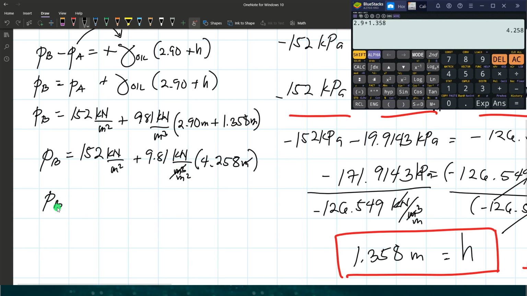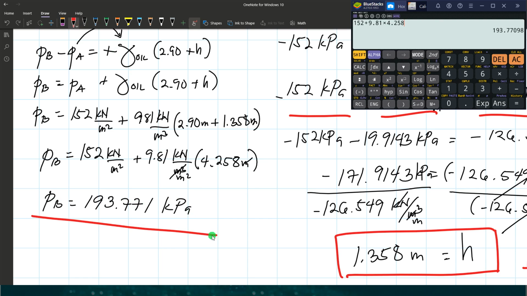So pressure at B, we can directly solve this, 152 plus 9.81 times 4.258. So the answer for pressure at point B is 193.771 kilopascal. So that's the answer.